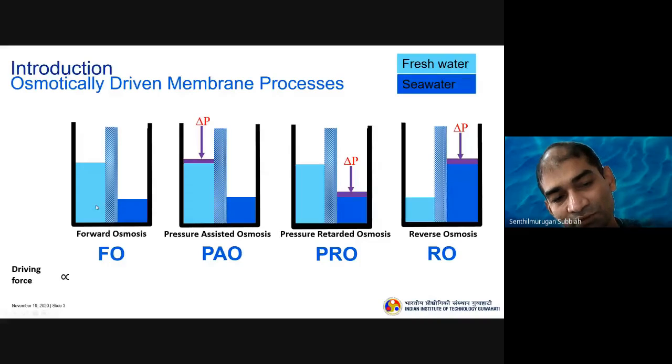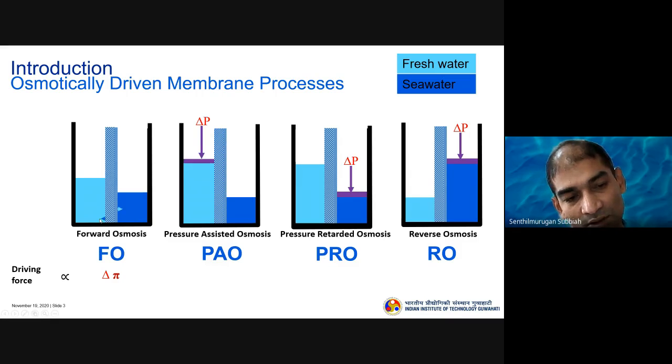Due to the difference in salt concentration and water concentration, the water will be moving from the higher water concentration to the lower water concentration side. When I say water, I'm talking about the water concentration. If you talk about the salt concentration, the water will be moving from the low salt concentration side to the high salt concentration side, which is equal to this. So the water moves from higher concentration to lower concentration.